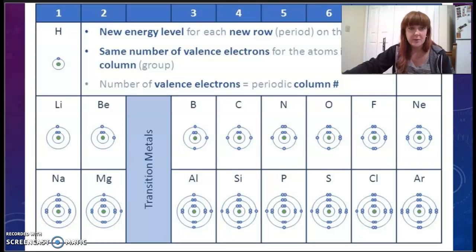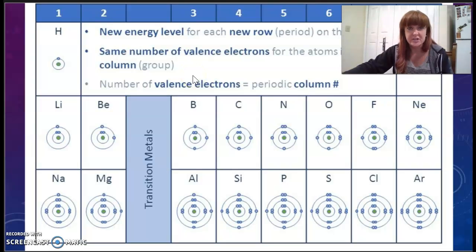If we look at our periodic table, the way this works is that every time electrons go into another energy level for an atom, we put that atom on a different row, a different period of the periodic table. Things in the first row, hydrogen and then helium, only have one energy level.